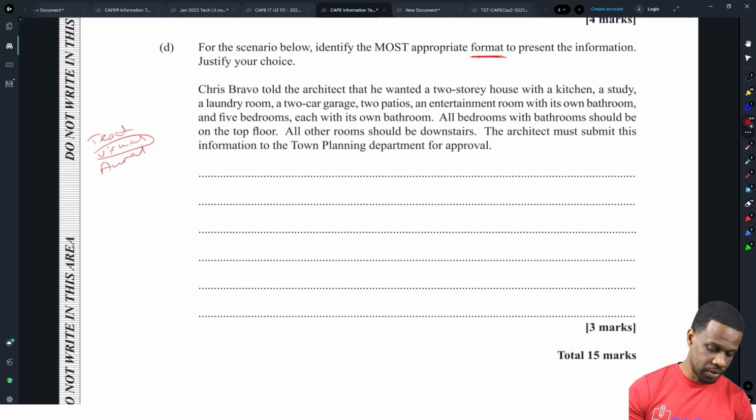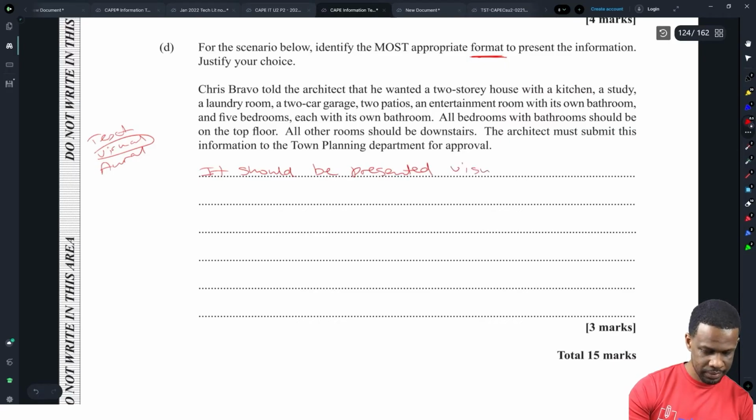Justify your choice. Okay, it should be presented visually because, what in the world? Oh wow, this is a lot.